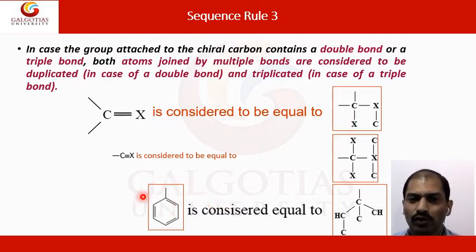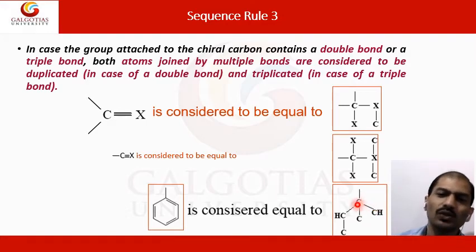In case of this phenyl group, this carbon is attached with another carbon, and this double bond also represents another carbon. So if you add their atomic numbers in total, this will come comparatively higher, so that will be given the first priority.